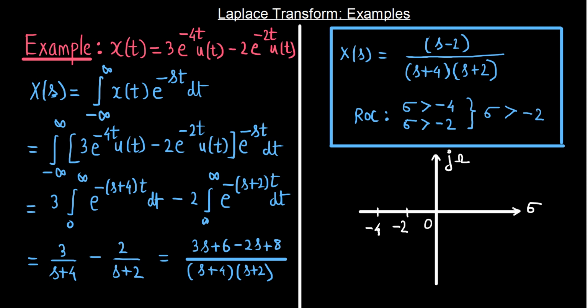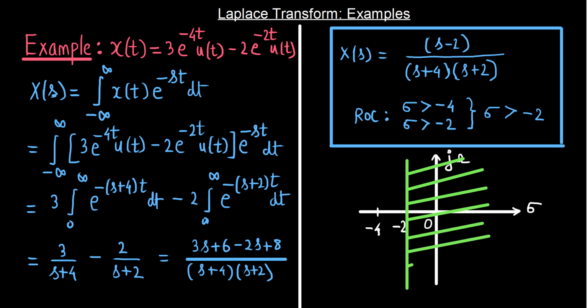Then the region of convergence, as we have seen here, is sigma greater than minus 2, so it is going to be something like this. Everything greater than minus 2 comes in the region of convergence. So I'll draw that as a shaded region. Everything that satisfies sigma greater than minus 2 is the region of convergence. So this is the region of convergence, that is ROC.